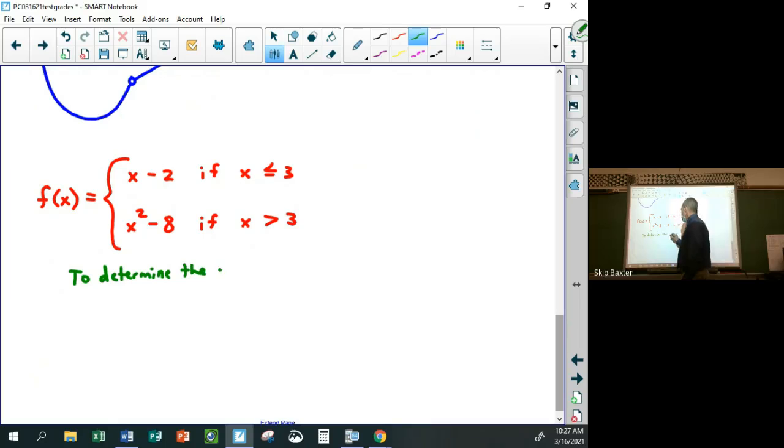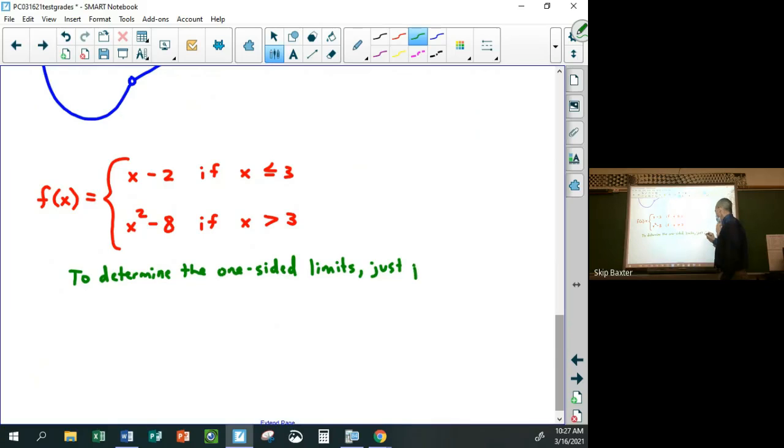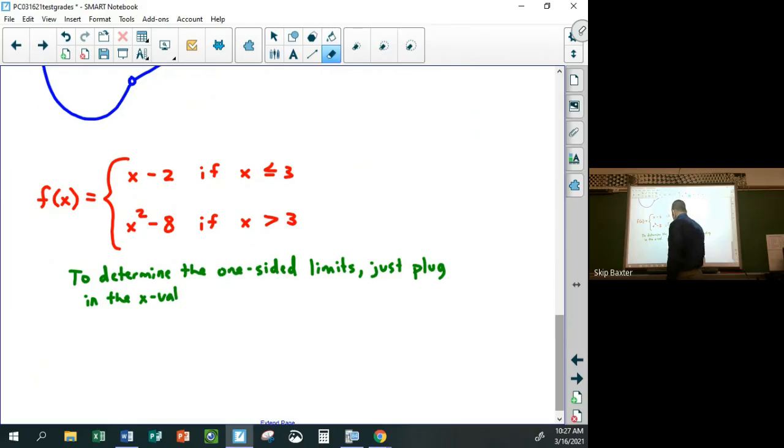So to determine the one-sided limits, you just plug in the x value to the appropriate function.